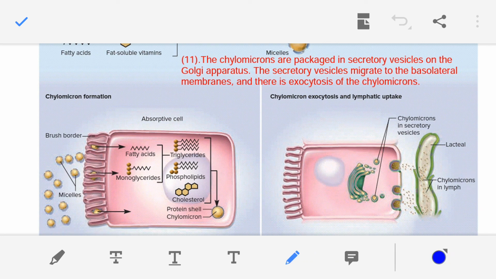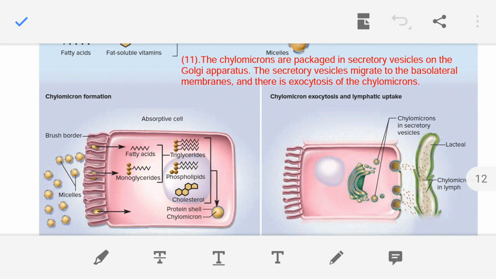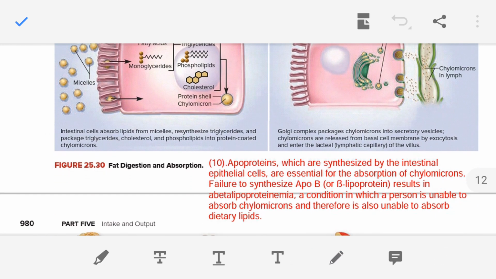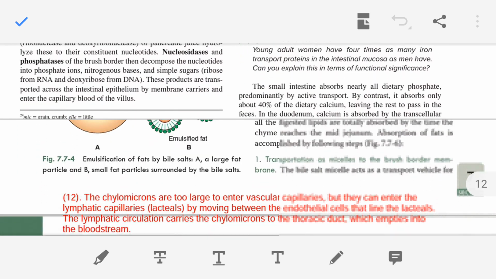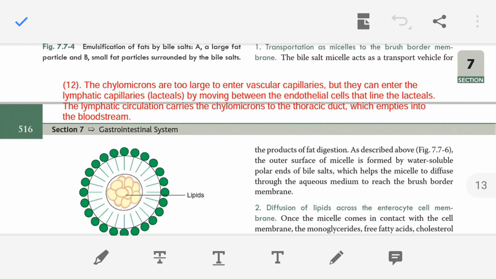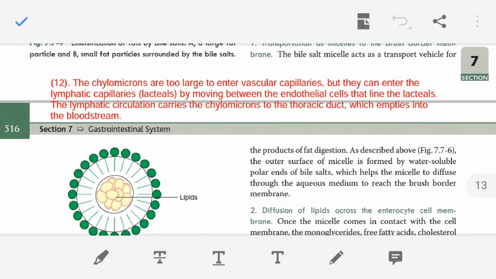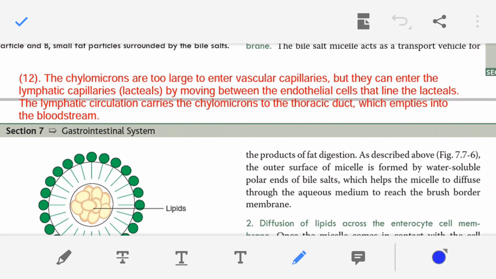So now, the last point of this lecture, point number 12, is written over here.